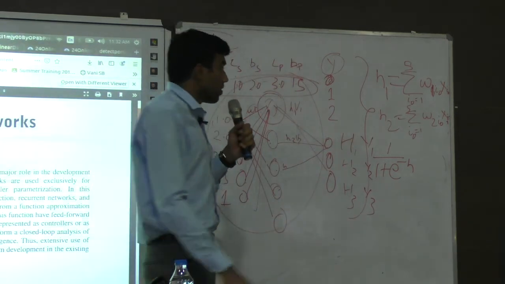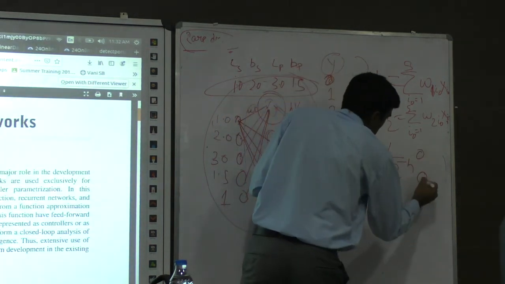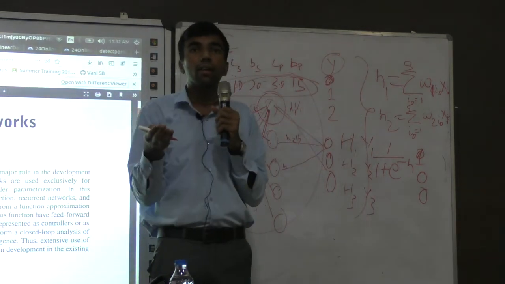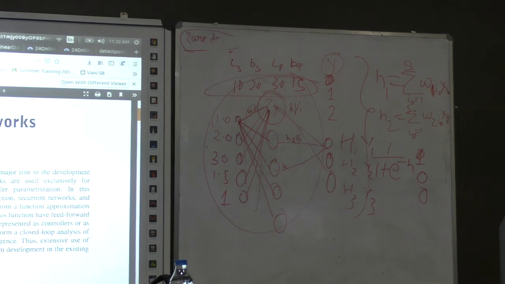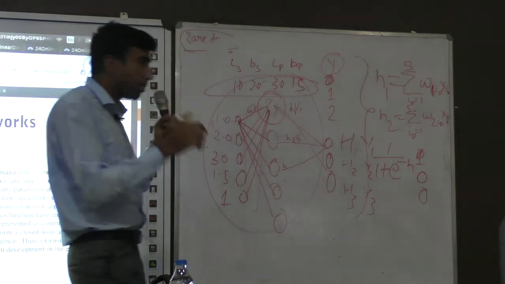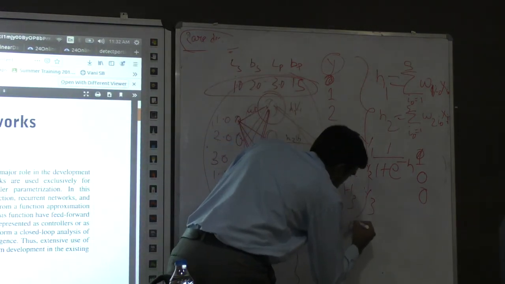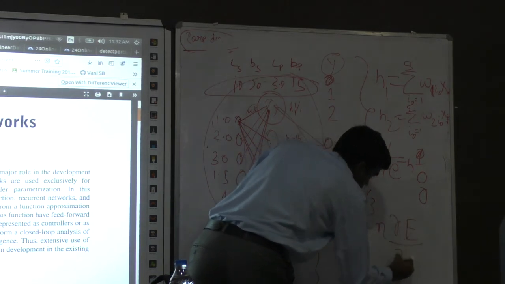When I see that my output is not matching with 1 0 0, what will I do? I will find the error. After finding the error, I will back propagate that. What is back propagation? Back propagation means w new is equal to w old minus eta del E by del w.